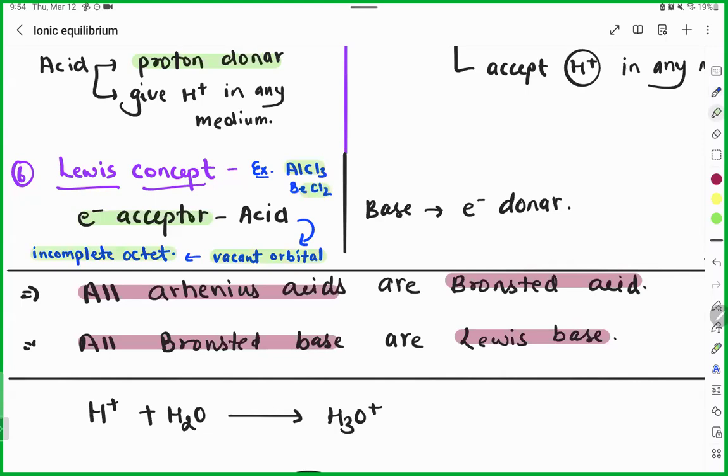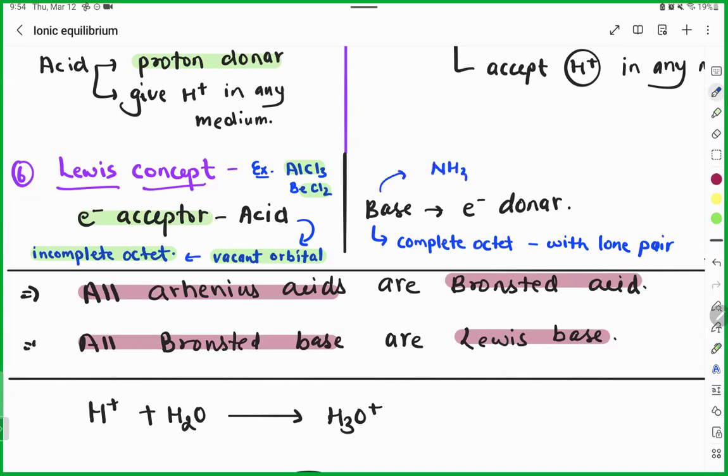But if you take base, in case of base, you have complete octet. And here mostly it is present with the lone pair. Example, NH3, ammonia.